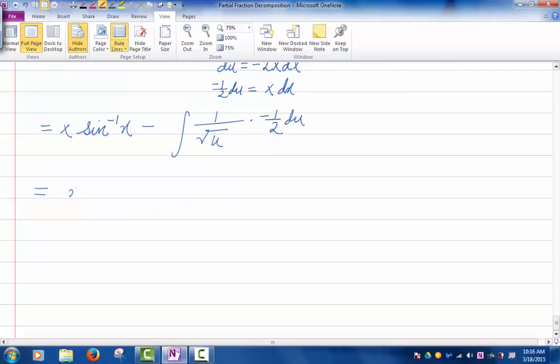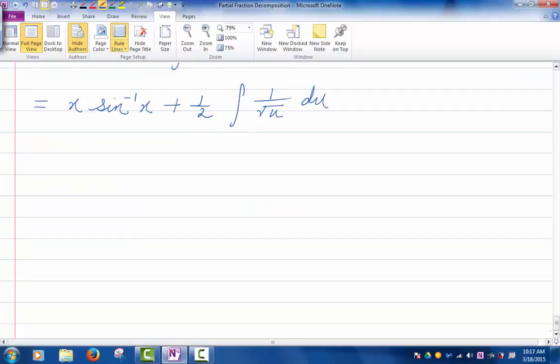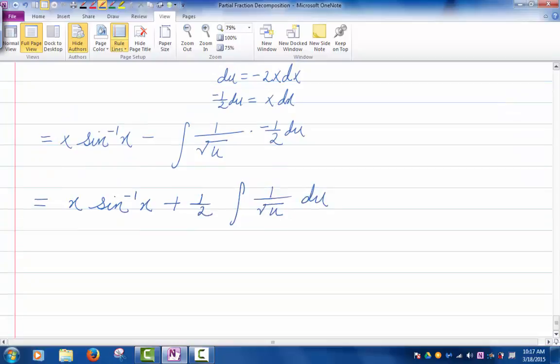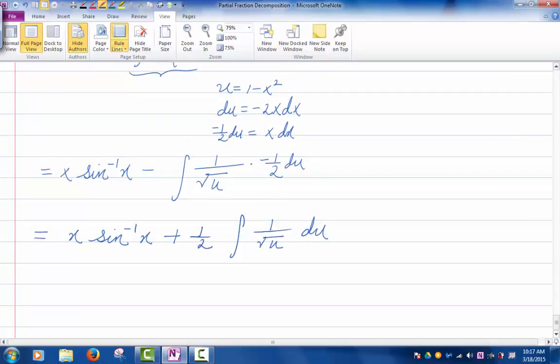Now I could say this is x sine inverse of x plus a half integral of 1 over root of u du. And do we know how to find the integral of 1 over root u? 1 over root u, so that's what?